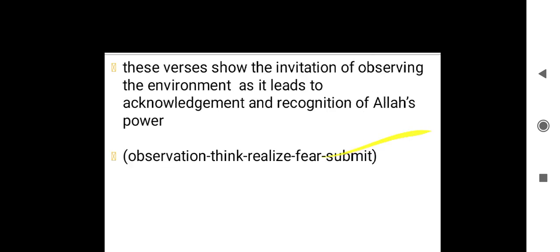At the end, we will realize. When we realize, we automatically will have the feeling of fear, and at the end it will help us to submit to Allah subhanahu wa ta'ala.